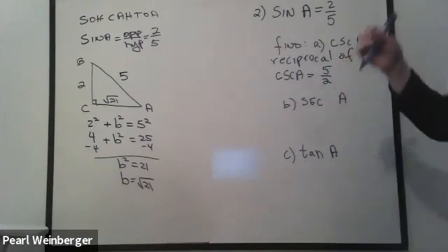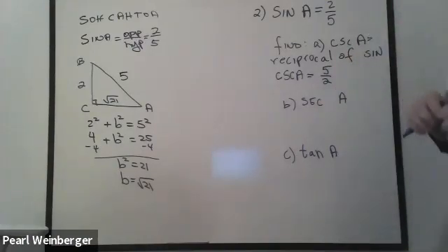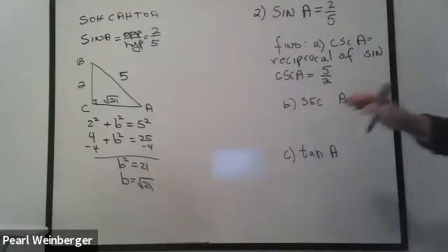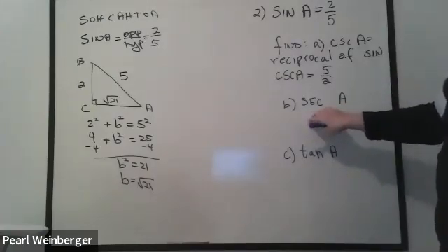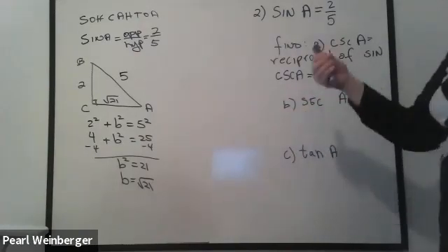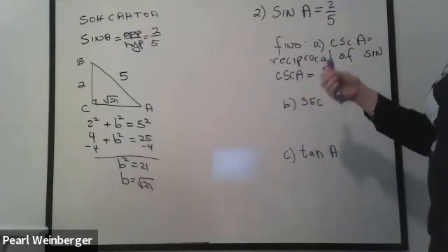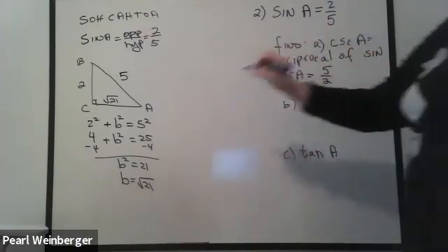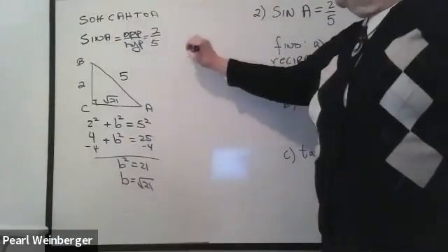The cotangent is a reciprocal of the tangent. And the secant is the reciprocal of the cosine. So the next thing we want to find is the secant of A. Just as I mentioned, the secant of A is the reciprocal of the cosine. So here's my cosine.